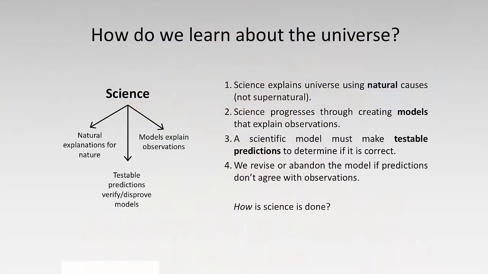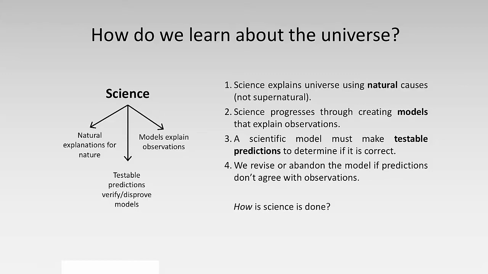So how do we learn about the universe? Well, simply put, we use the scientific method. Science is a powerful and effective way for us to learn about the universe. Science looks for natural explanations for what we see in the universe. It progresses through the creation and testing of models or explanations of what's really happening in the universe.